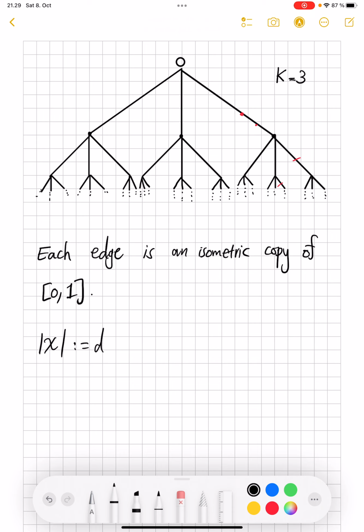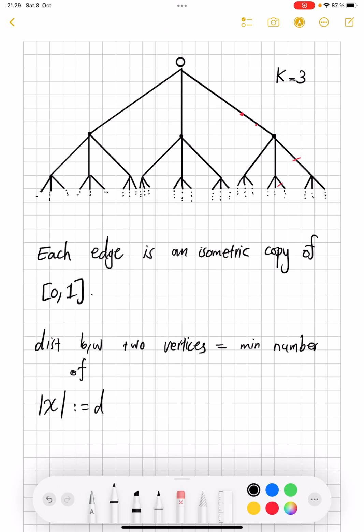Okay, so that is just the distance for how distance works within one edge, but also the distance between two vertices equals the minimum number of edges needed to connect them.